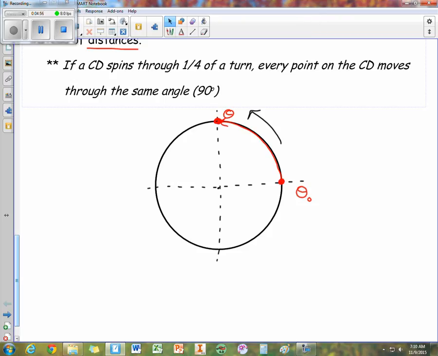And notice that no matter what point, or no matter how far away I get from the axis of rotation, all points will turn through the same angular displacement. Which is kind of cool if you think about it. Everything on this line right here moves through the same angular displacement.